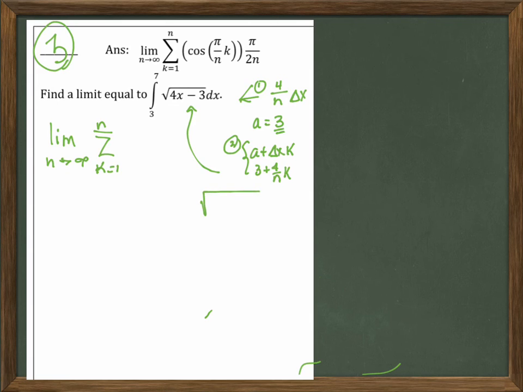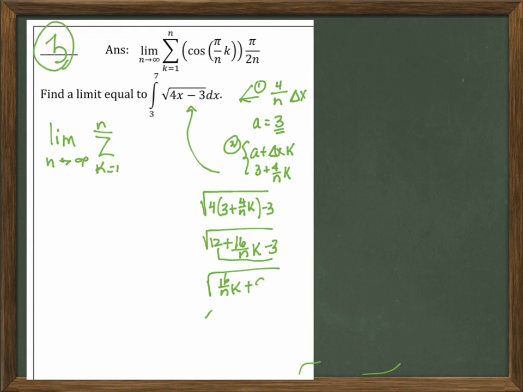So it's the square root, I'm just writing it down here first, of 4 times 3 plus 4 over n k, minus 3. I'm going to multiply this out. This would be the square root of 12 plus 16 over n k minus 3, and these can combine. So 16 over n k plus 9.